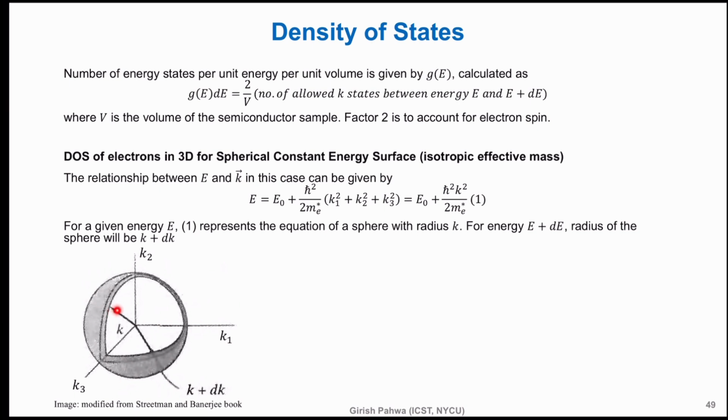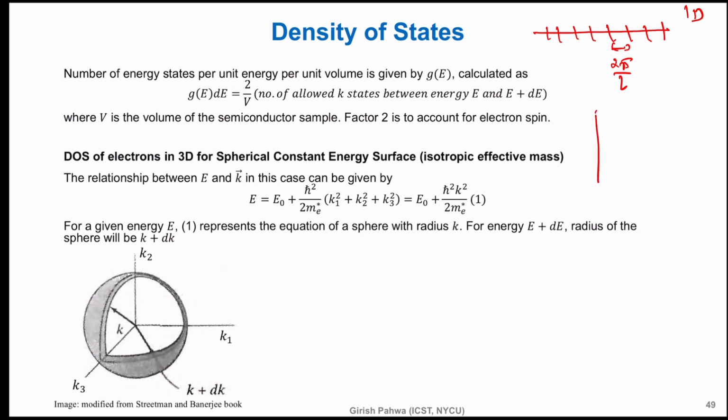Again, you know that the k points are not continuous, so it's not that there are an infinite number of points in this shell. They are discrete. How to find the volume associated with one k point? So you remember, in 1D, the distance between two k points is 2 pi by the length.